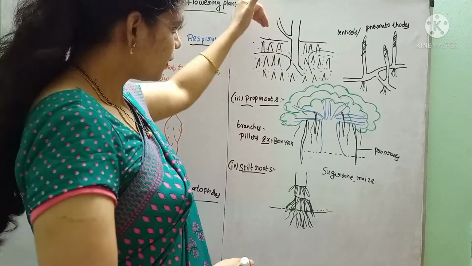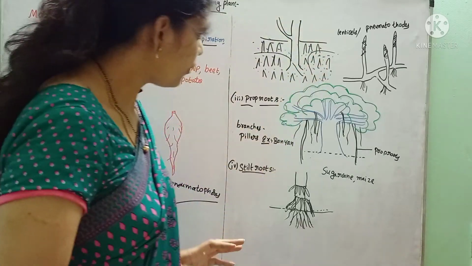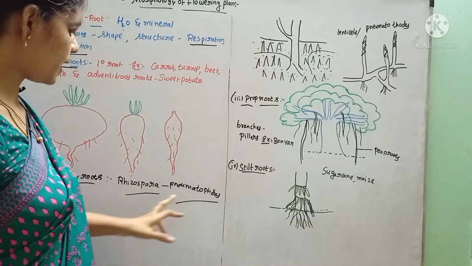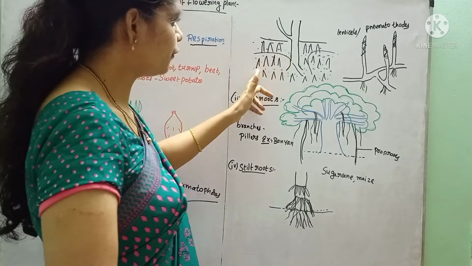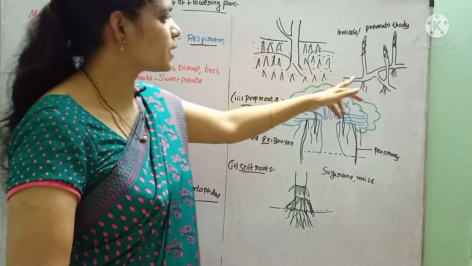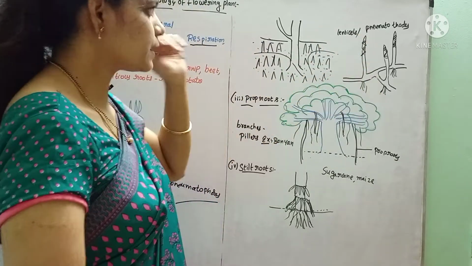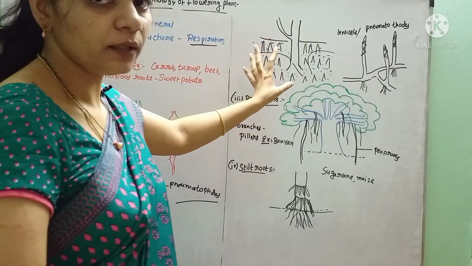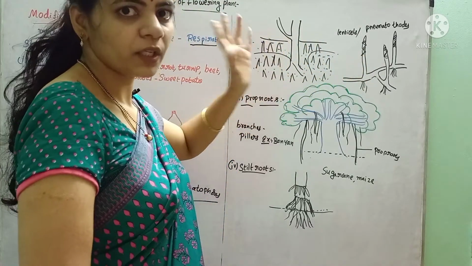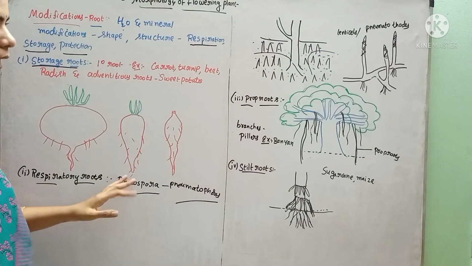To avoid this, plants such as Rhizophora develop a special type of roots called pneumatophores. These pneumatophores develop from the main root system only. They grow in an upward direction. They consist of special type of cells called lenticels. These absorb the oxygen present in the air and utilize it. So by using this, the plant can avoid that condition.